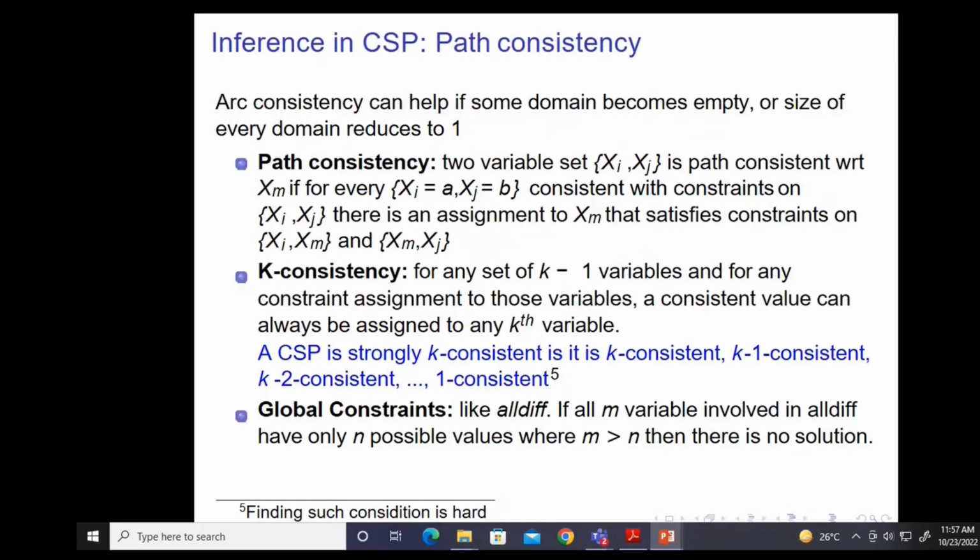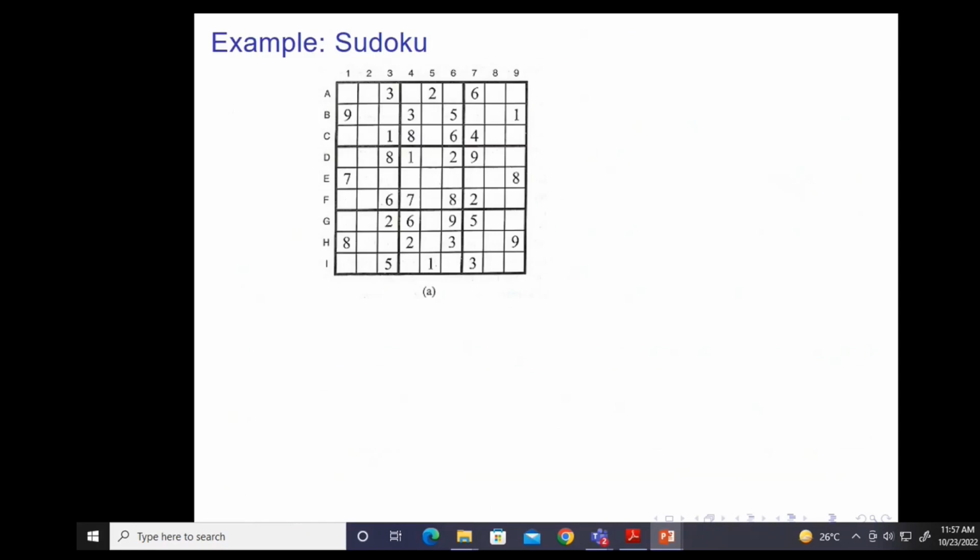All these things are simple. So here is another example, Sudoku. In the game of Sudoku, if you want to write the constraints, how can you write them? Do you know how to find the solution of Sudoku?